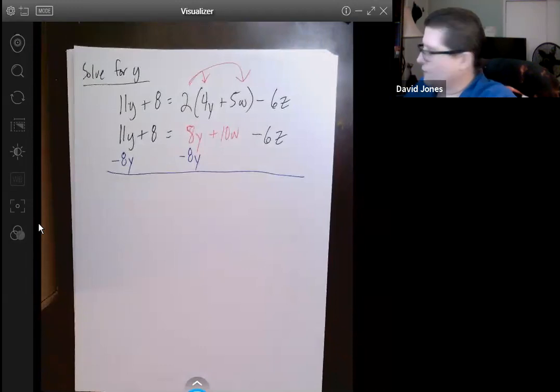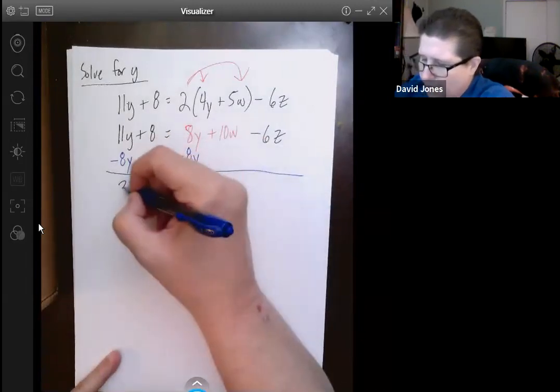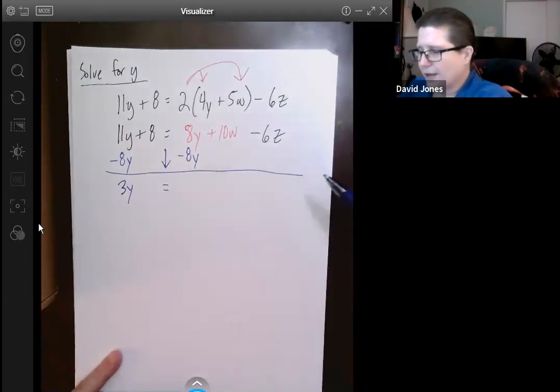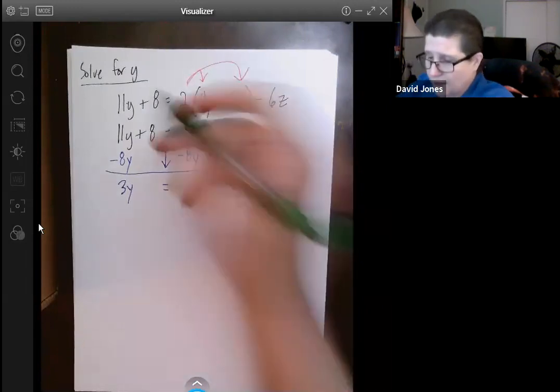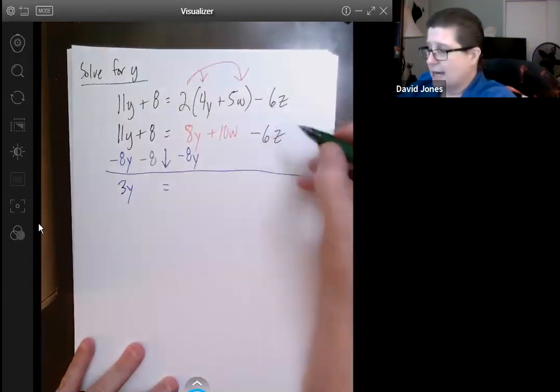And if you're comfortable, I know I'm going to end up with 3y over here. I could do the +8 and then do another line. If you want to save yourself some effort, you know you're getting all your y's on your left. Why don't you move all the other numbers to the right at the same time? I'm going to subtract 8 at the same time.